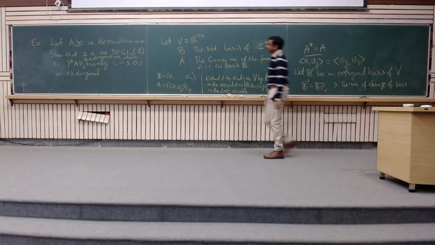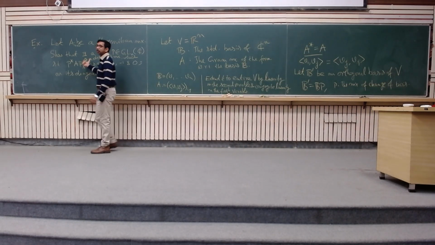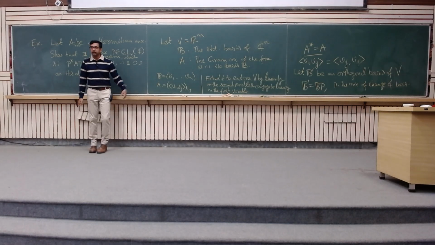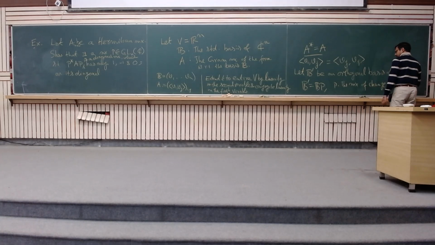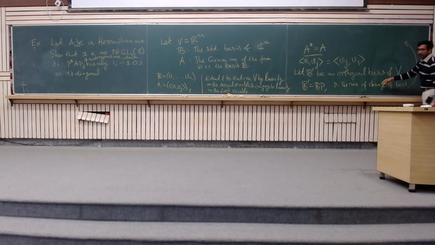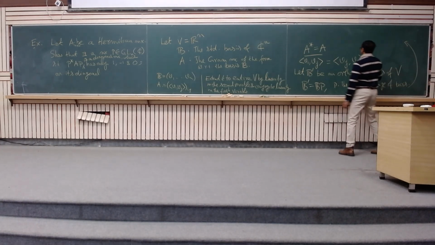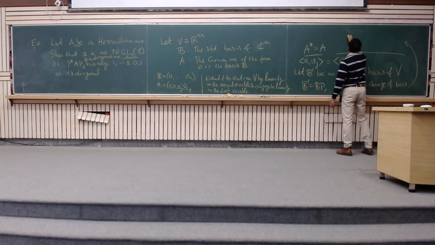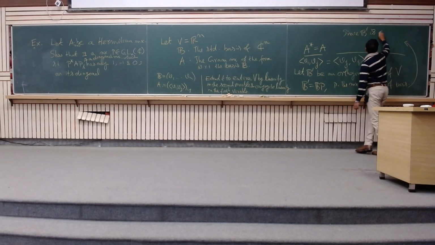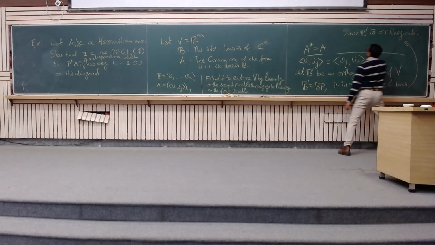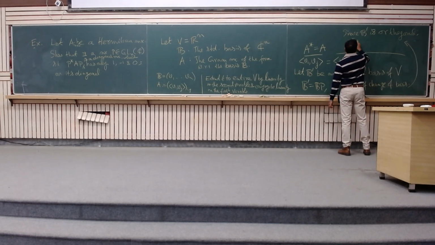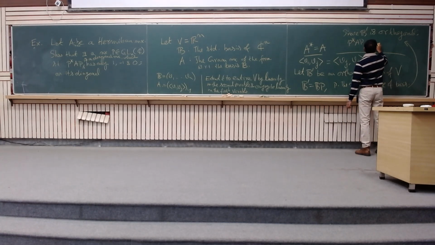So you have ensured that P star AP is diagonal because your basis is orthogonal, right? So I should have written below it, but I am writing up here because there is more space there. So since B dash is orthogonal, P star AP is a diagonal matrix.